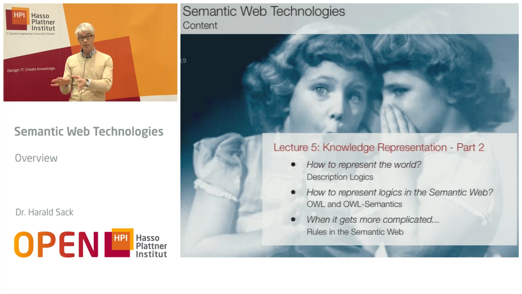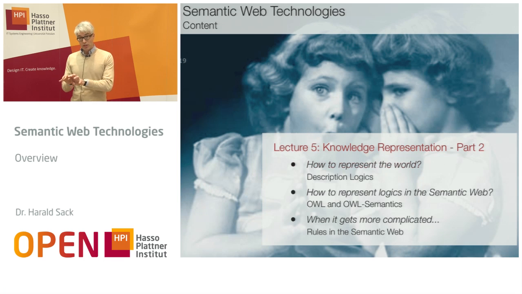Description logics is a fragment of first-order logic, and with description logics we are able to represent the world, while in the meantime keeping all calculations and computations that are necessary for inference, for proving correctness and stuff like this, succinct. It means that we can make these computations in efficient time.